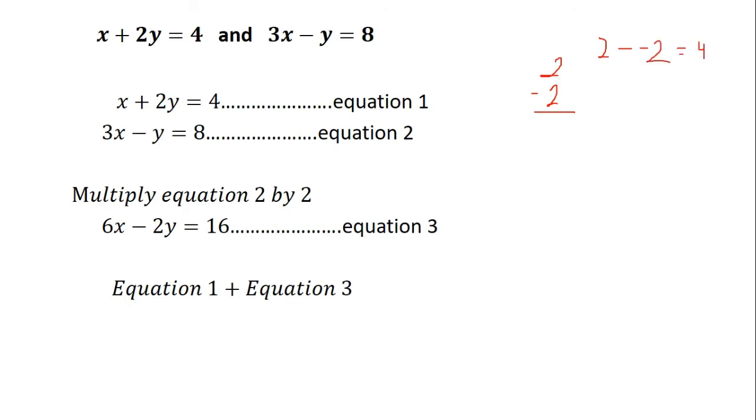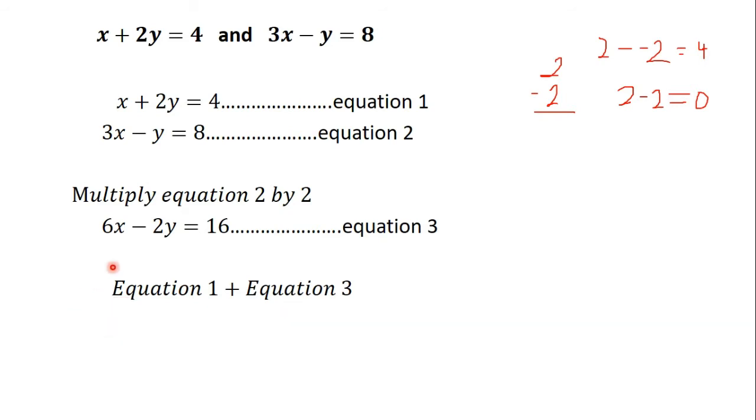But if I add them, I'm going to have 2 minus 2, which will give me 0. So this means that if I want to eliminate y, because 2 here is positive and 2 here is negative, I'll have to add the two equations.